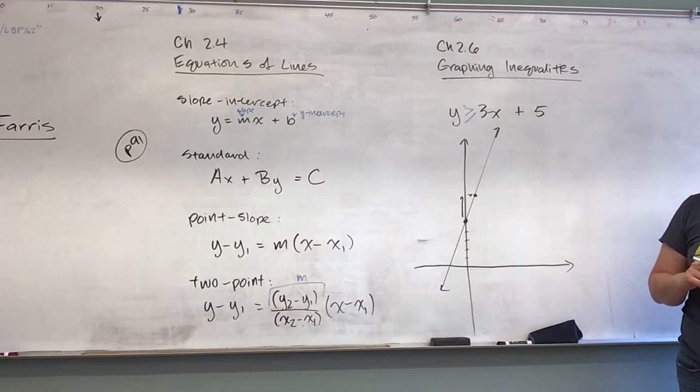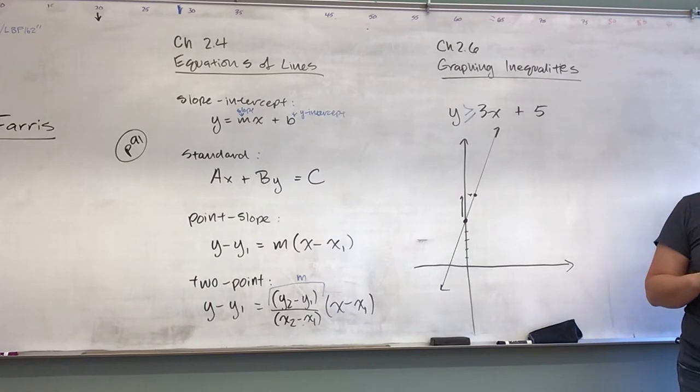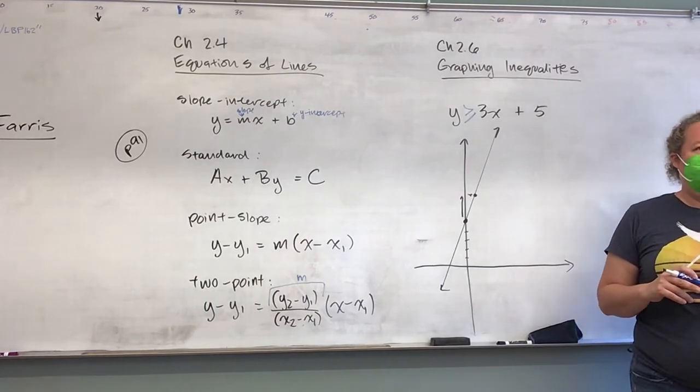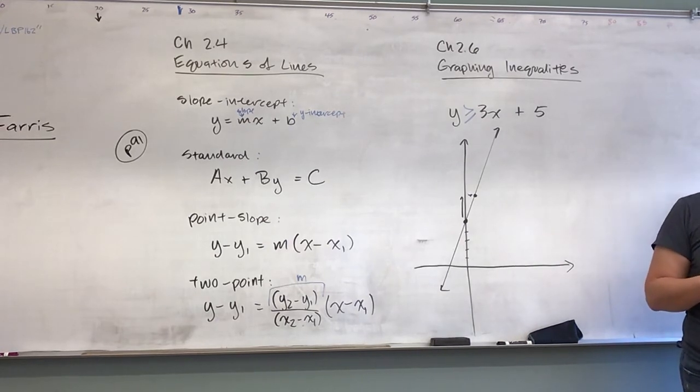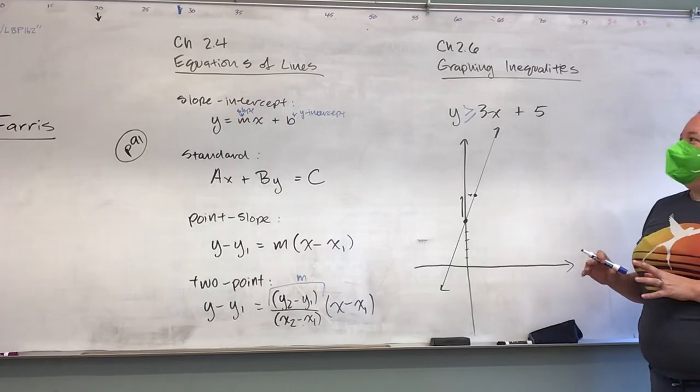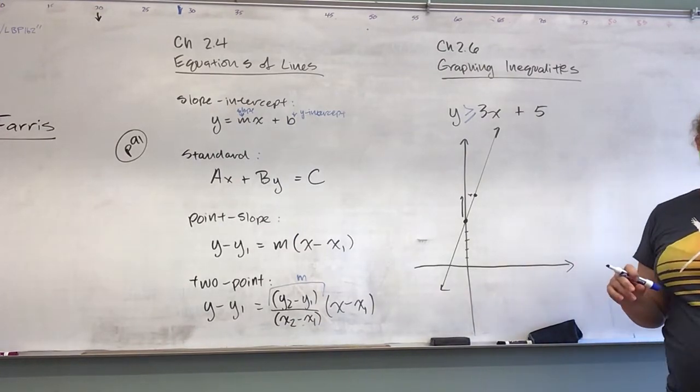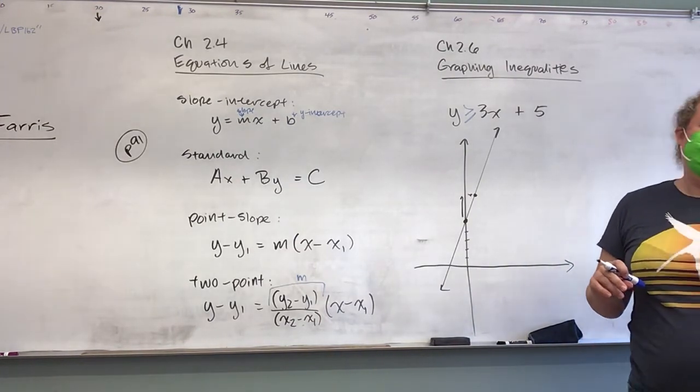Unless it's a negative number. Wait, did I say bigger? Sorry, I was thinking about the wrong thing. If it's bigger, then you don't want 0. Then you want higher than 0, and you shade in the part that doesn't have 0 in it.